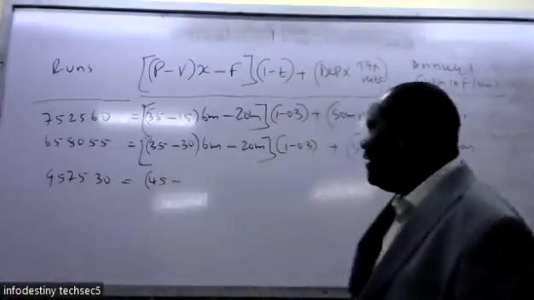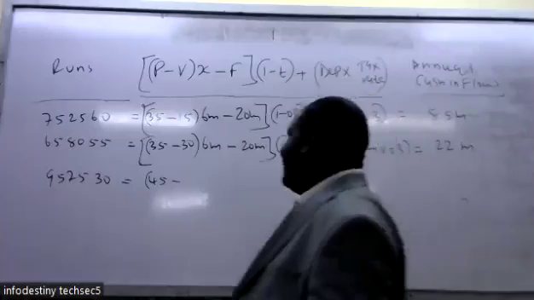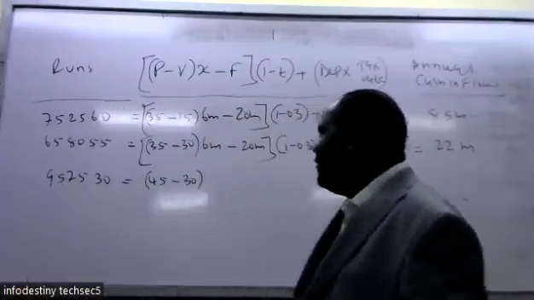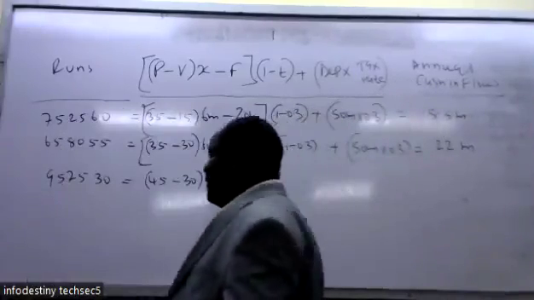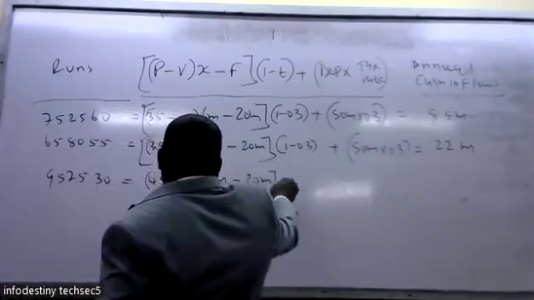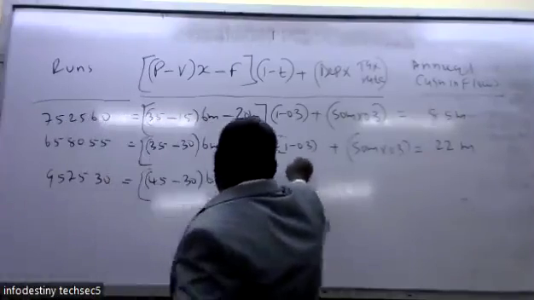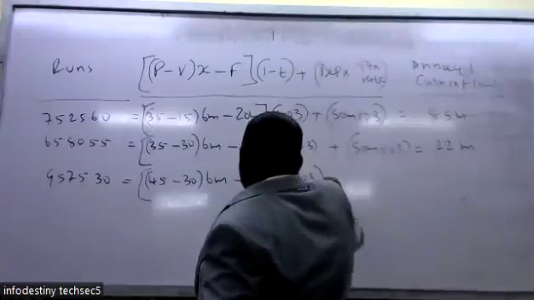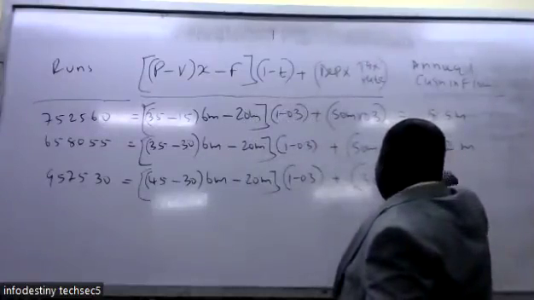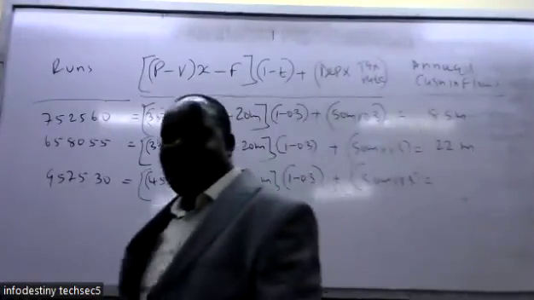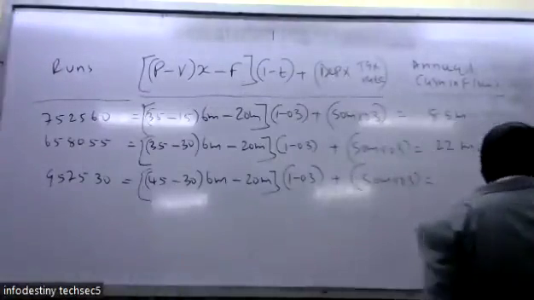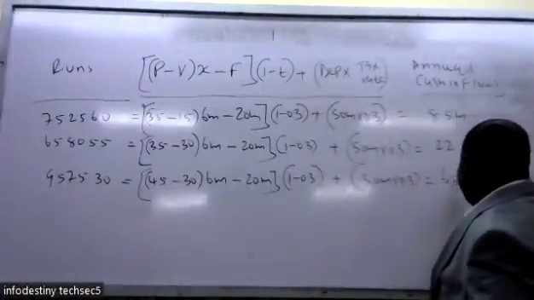Then 75 will give us 30 for the variable cost. Then 30 will give us 6 million. Then also 20 million, then 1 minus 0.3, plus the 50 million multiplied by 0.3. So this one is 64 million.